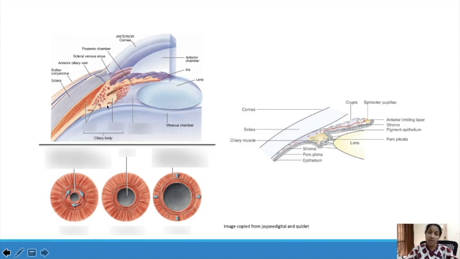This is known as pars plicata, and the plain portion is known as pars plana. And this is the iris, and this is the angle of anterior chamber. Okay, so this is the portion where a suprachoroidal space will be there between the sclera and the ciliary body. Here also you can see this is the pars plicata, and this plain portion is known as pars plana.